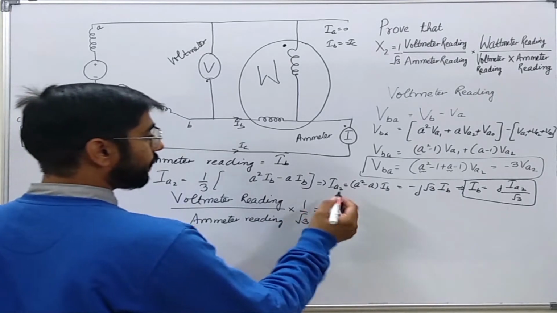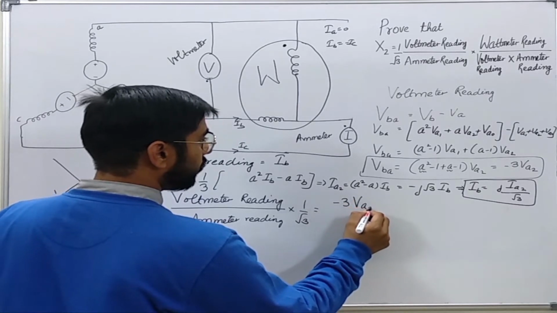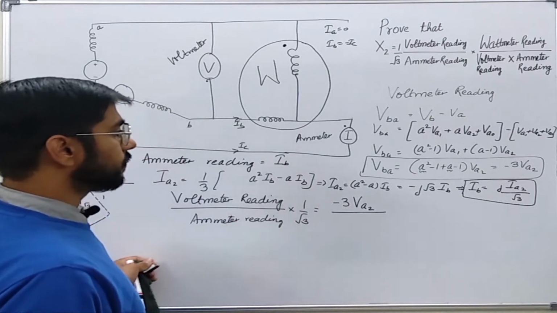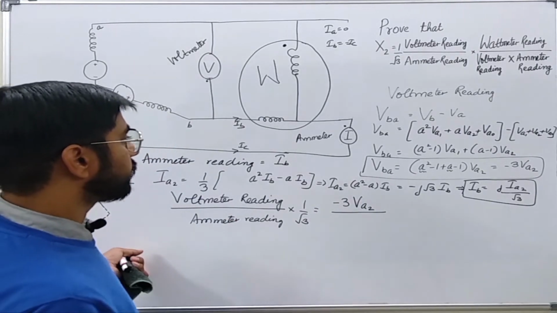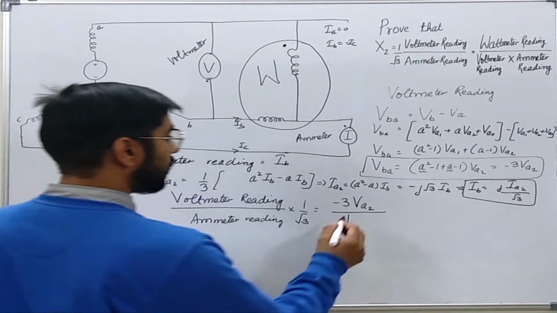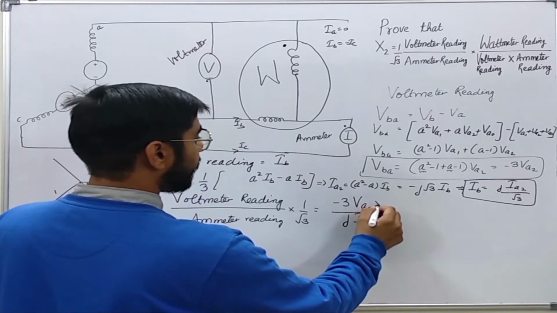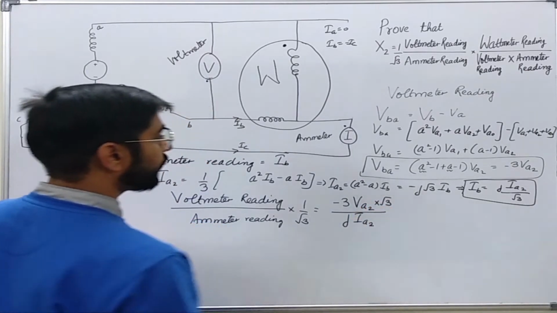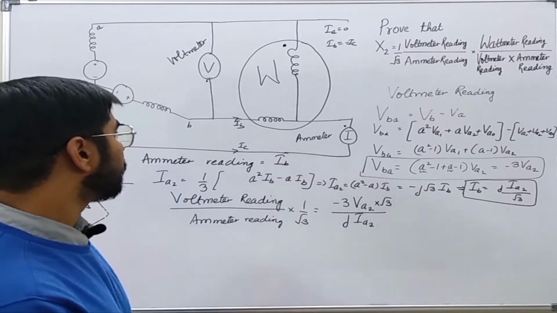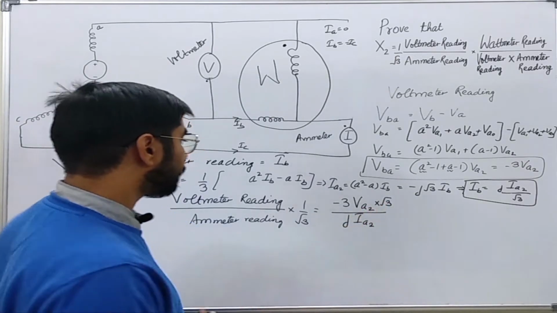It gives minus 3 VA2 over j IA2 by root 3. So this is something which we have got here.